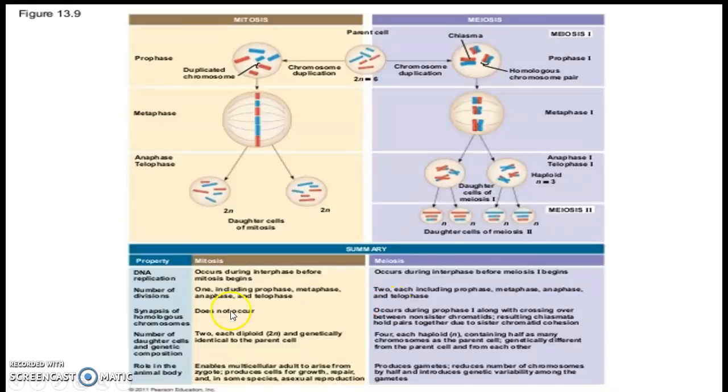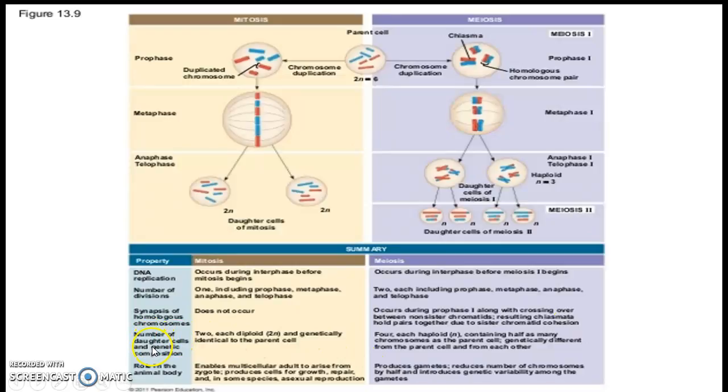Synapsis of homologous chromosomes does not occur in mitosis, but occurs during prophase 1 in meiosis, with crossing over between non-sister chromatids, resulting in chiasmata holding pairs together due to sister chromatid cohesion.